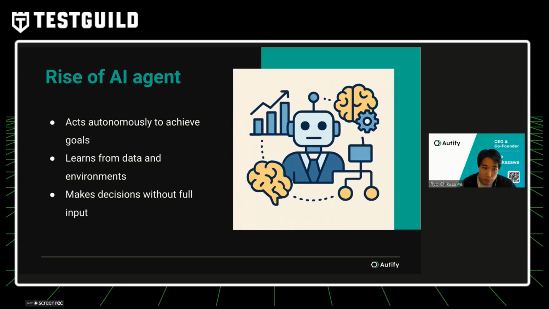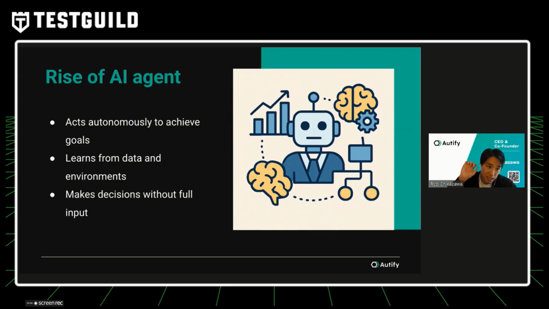But now an AI agent can achieve more abstract goals. It can autonomously achieve the goal, and it can also learn from the environment and the data that you put in, so that it can make decisions autonomously. You don't really need to provide the full input of what needs to be done in the process.